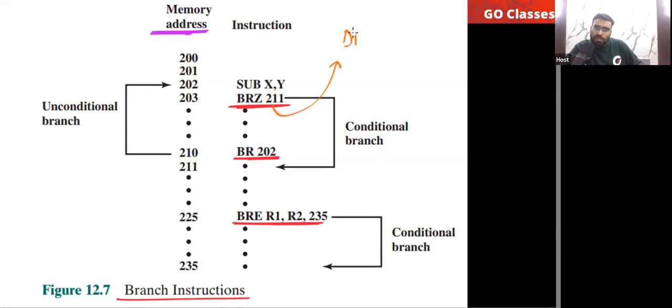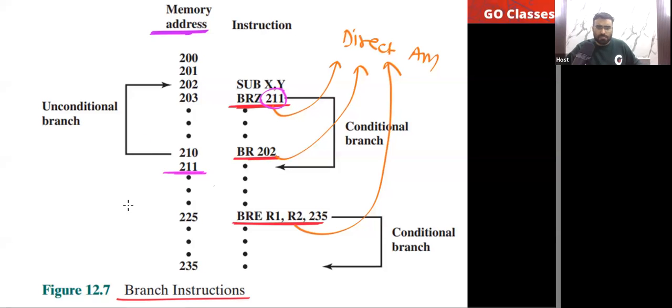Yes or no? This is also using direct addressing mode. Why? Because you are jumping to the memory address directly. So very simple, these branch instructions are using direct addressing mode.